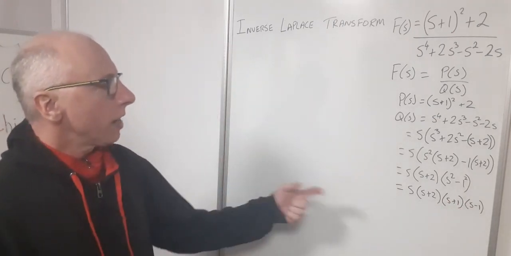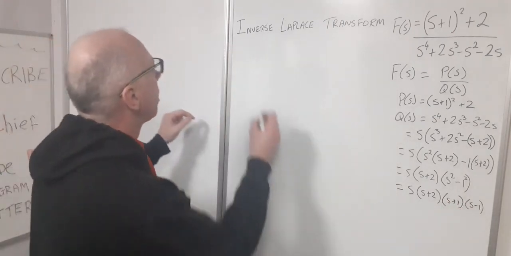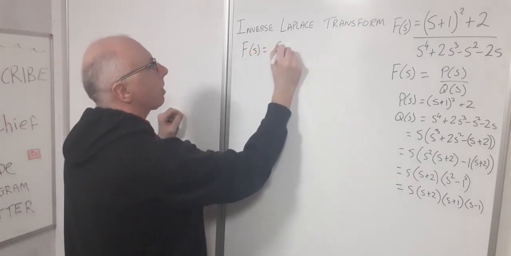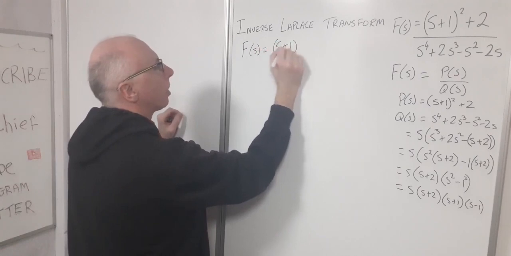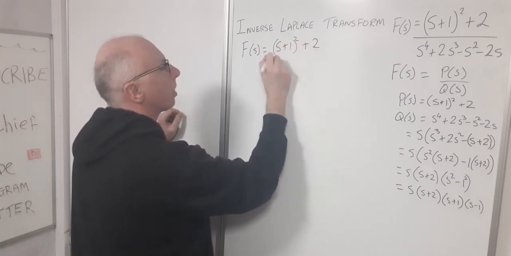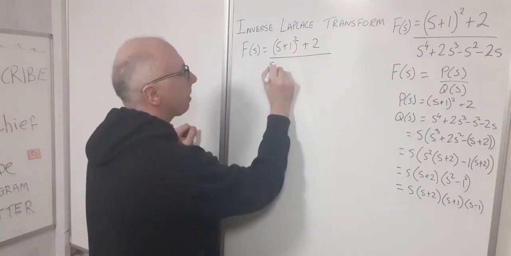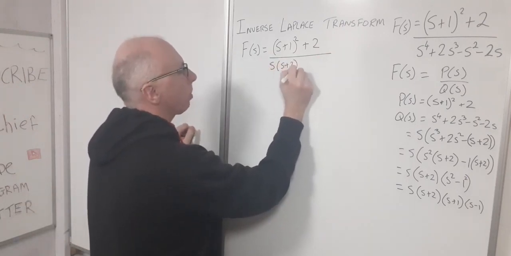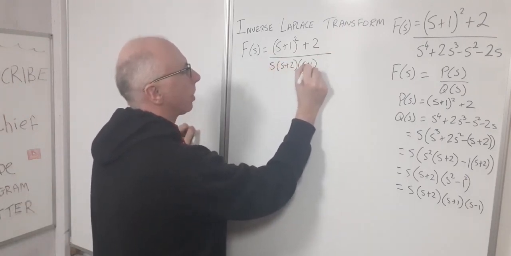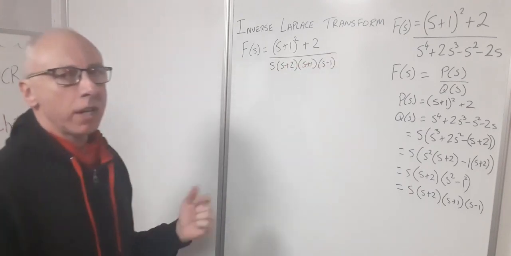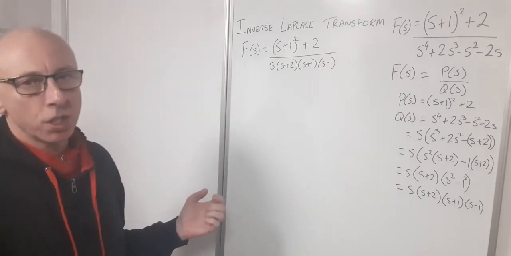Okay, so now my F(s) equals (s + 1)² + 2 over my denominator, which becomes s(s + 2)(s + 1)(s - 1). So now we're ready for partial fraction decomposition.